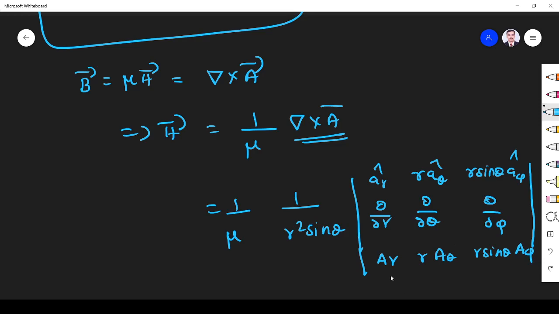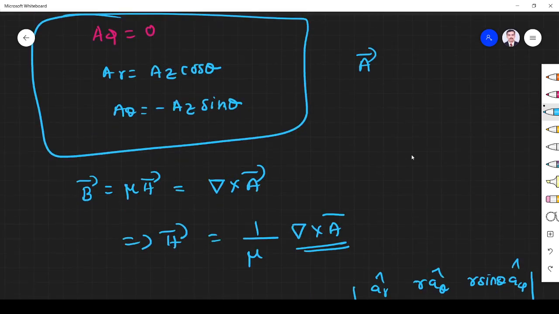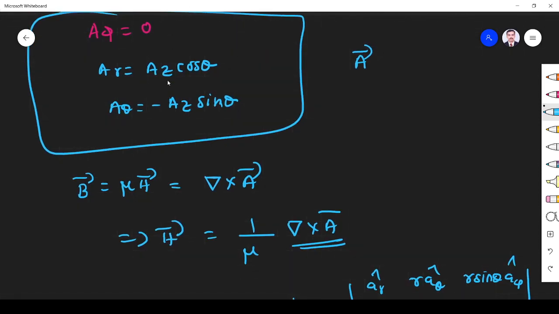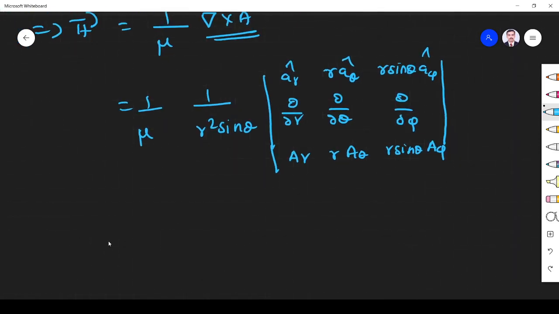So the AR, A theta, A phi values we know. Substitute A phi as 0, AR is this one, A theta is this one. So substitute all the values here.